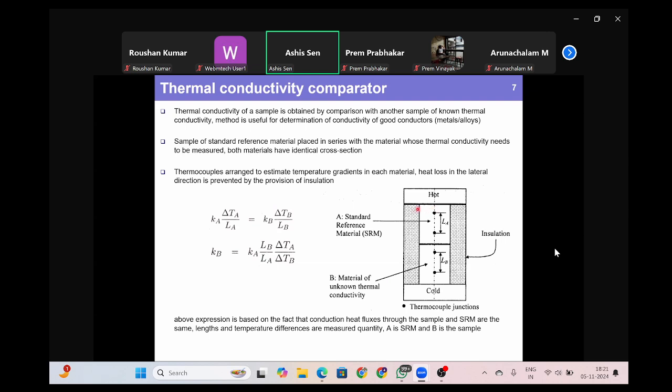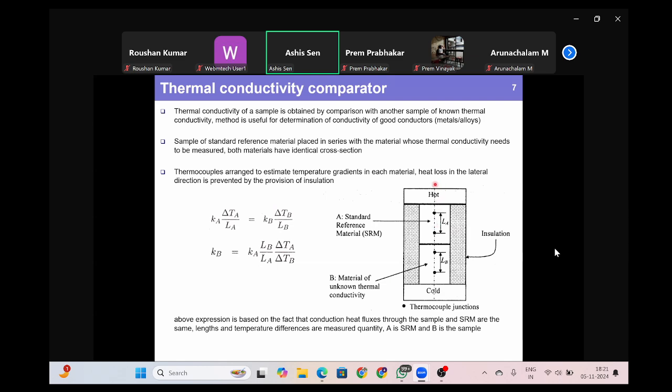So you put these two materials one by one, vertically, and all around you insulate. You can use cotton wool and very low thermal conductivity material to wrap it up.